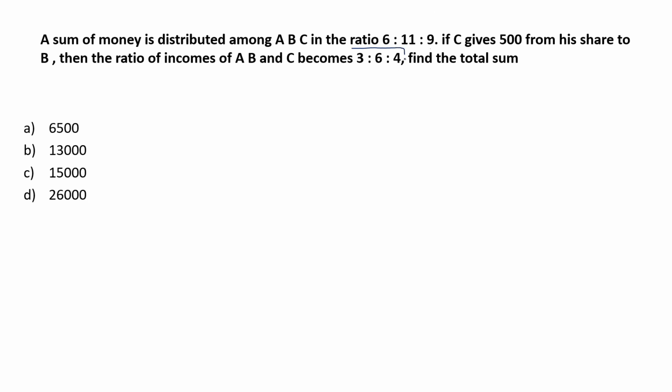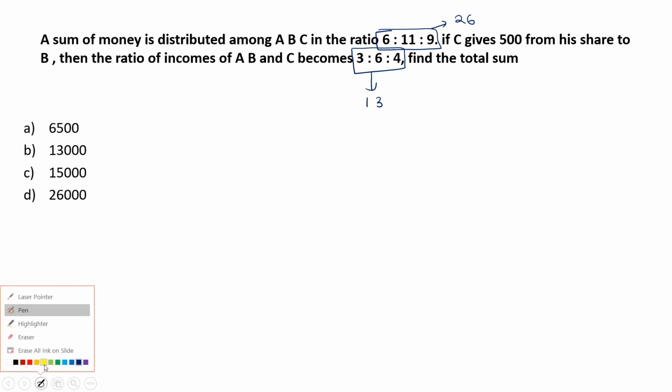When we understand that, then the sums that the ratios represent should also be equal. The sum of the ratio 6:11:9 is nothing but 26, and the sum of 3:6:4 is 13. But the amount they distributed among themselves is uniform, so make the ratios uniform too.